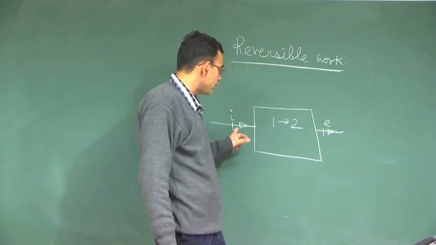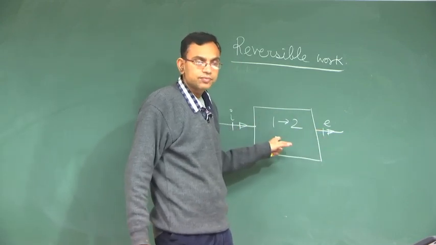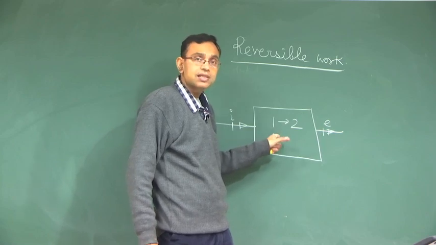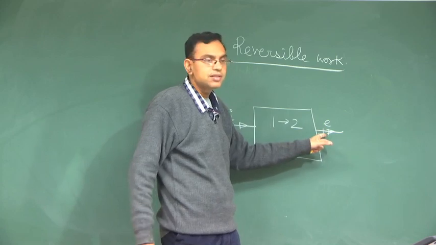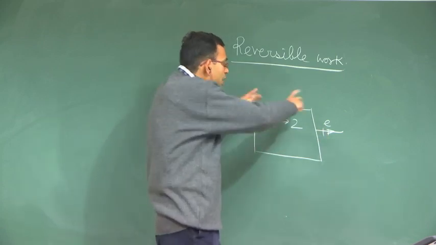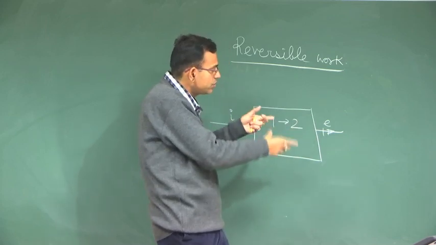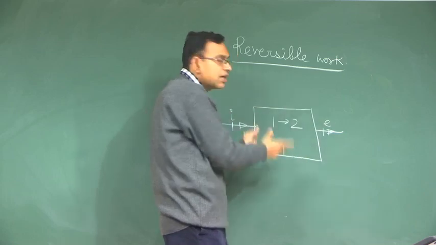If there is no mass flow across I and E, this control volume becomes a control mass system. So, a control mass system is a special case of this if Mi and Me are 0.